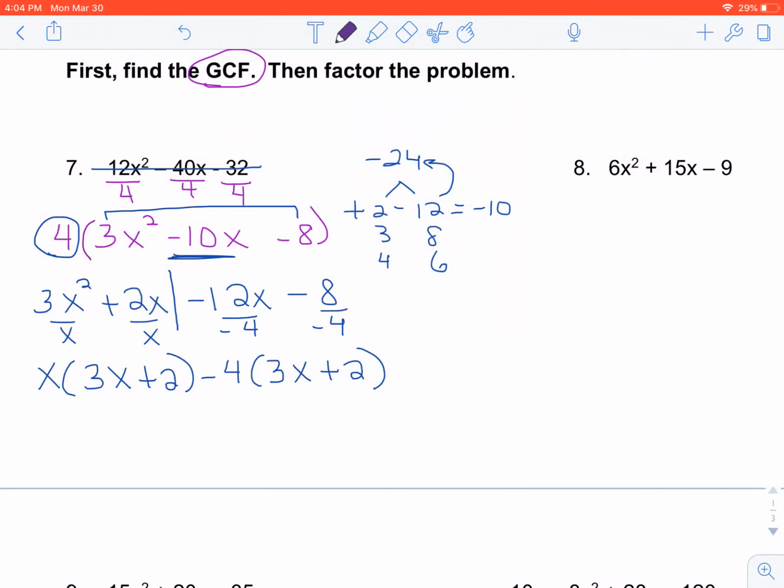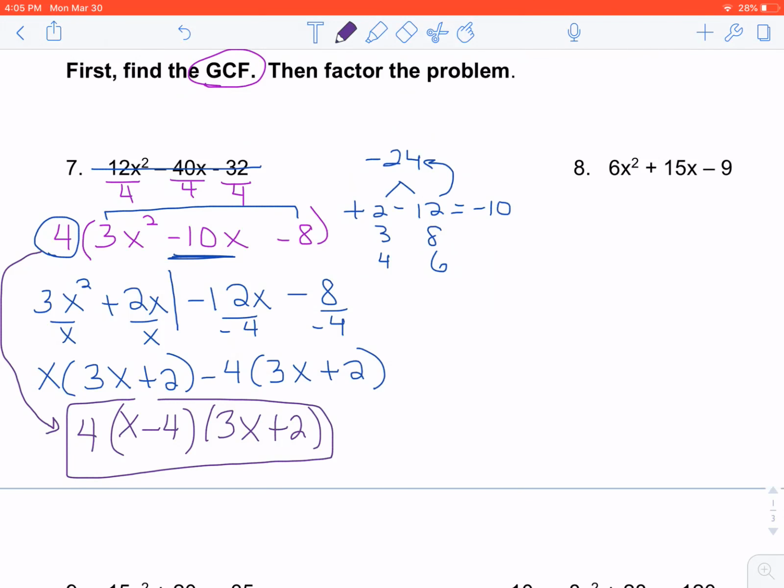So almost done with this grouping, pulling the x and the -4 together, the 3x and the plus 2, and then this problem, we circled the 4 because that was the GCF. We need to place that 4 in our answer. So there's my factored answer with a GCF.